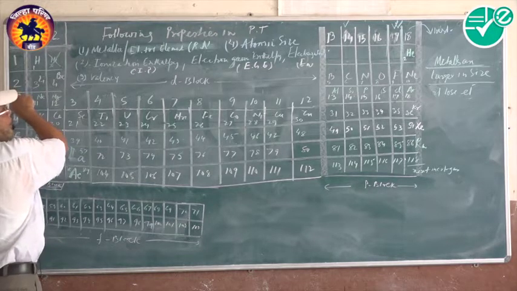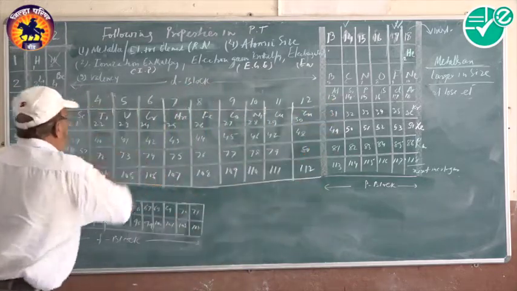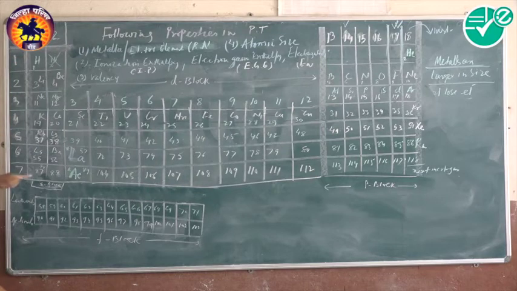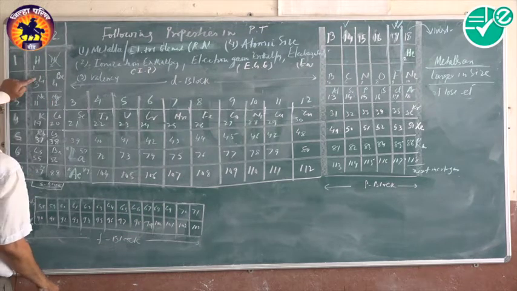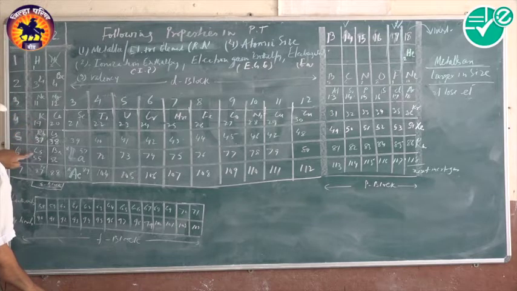Since from left to right metallic properties decrease, just the reverse from top to bottom in a group; what decreased will be increased. Hence lithium, sodium, potassium, rubidium, and the best metal will be cesium.